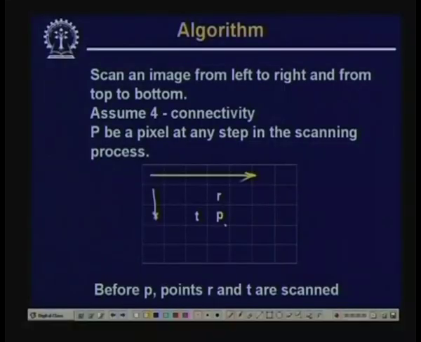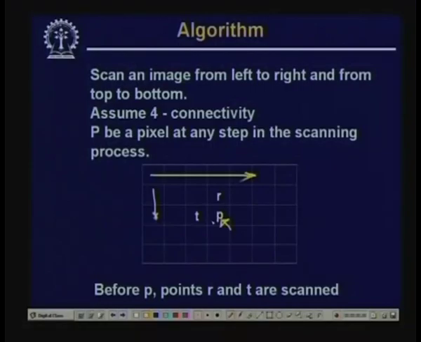Now, in this particular case, if we try to find out what should be the label at this particular point P, I assume that P is an object point. Following the way of our scanning, before P is scanned, the other points belonging to the 4 neighbors of P which will be scanned are one point above P in the same column and one point to the left of P in the same row.